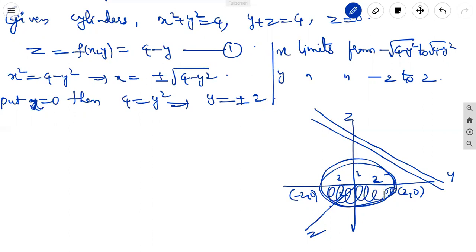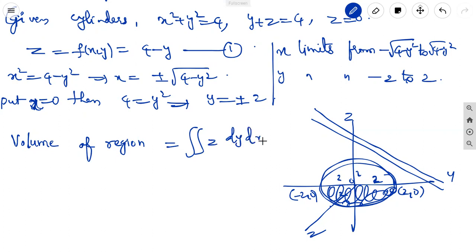The region is in the xy plane. We take the region of the given cylinders, and in that we take the volume of the given region with the limits. The volume of the region by the double integral is equal to double integral z dy dx.